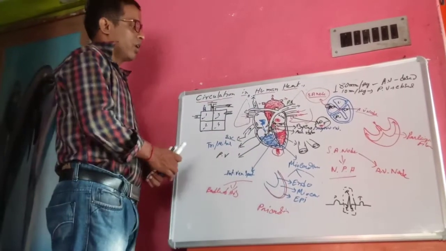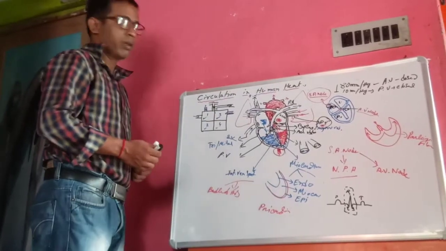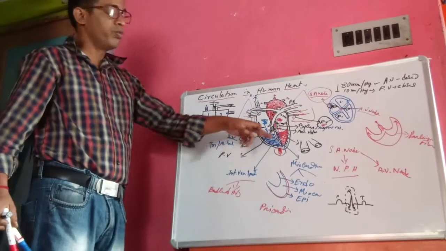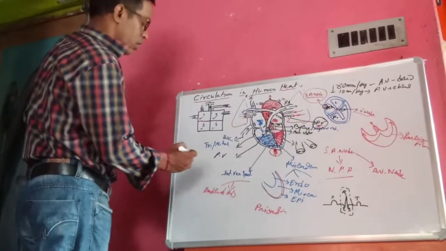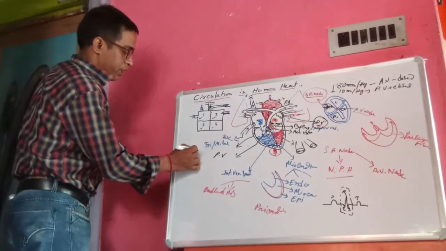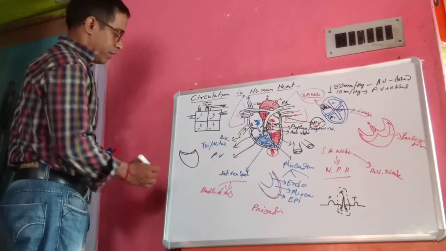Clear? Now, why do these valves get closed at the beginning of the systole of the ventricle? Actually, here if I draw the valve, that is the tricuspid valve, this is our right ventricle.